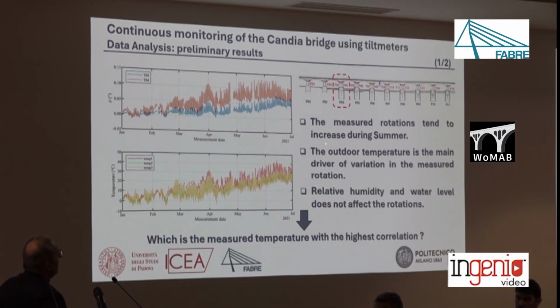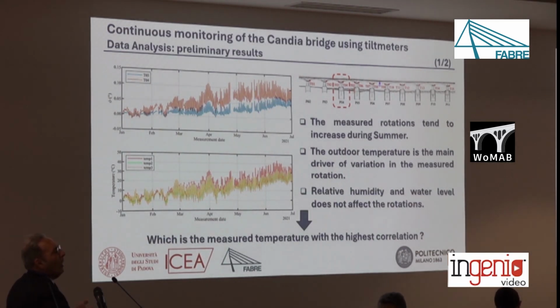In fact, the measured rotation tends to clearly increase during summer, and the main driver of variation of rotation is the temperature, the outdoor temperature, whereas relative humidity and water level practically do not affect the measured rotation.